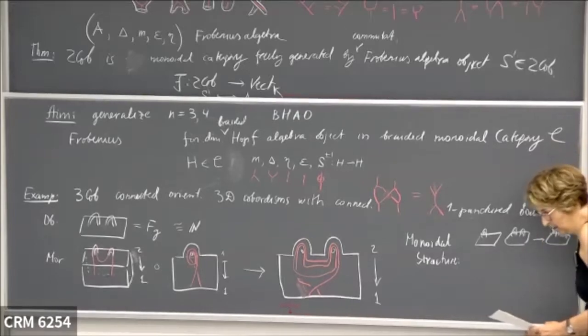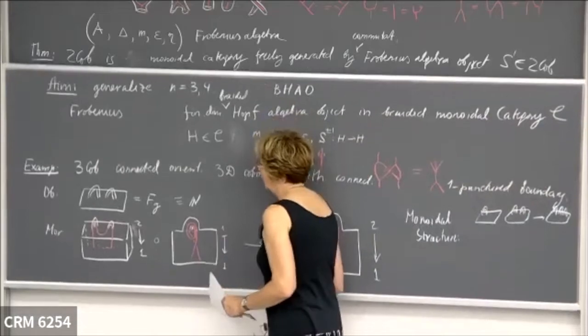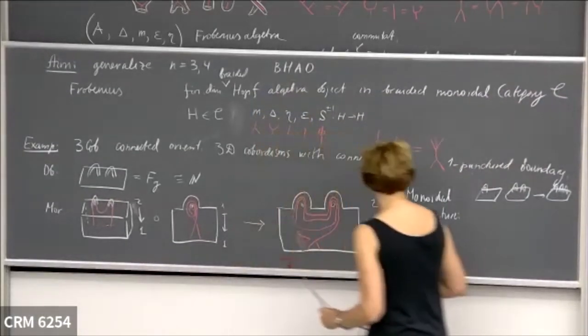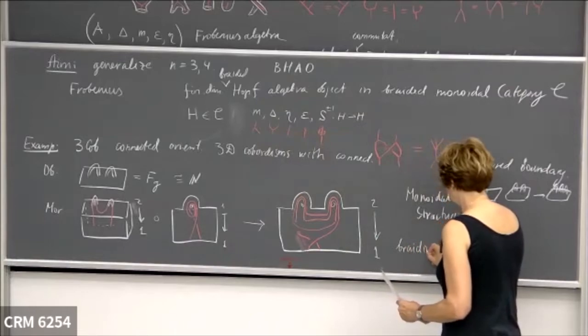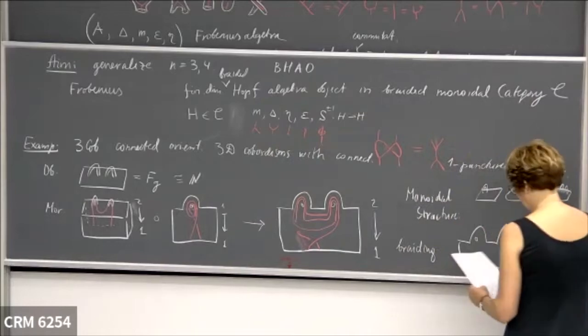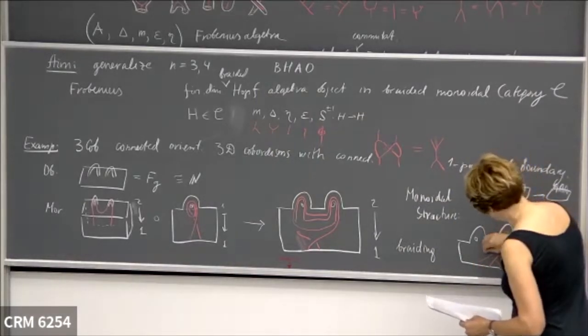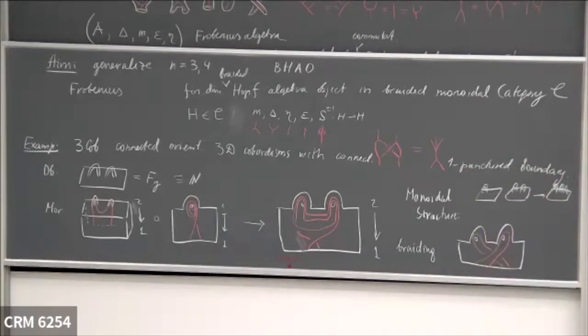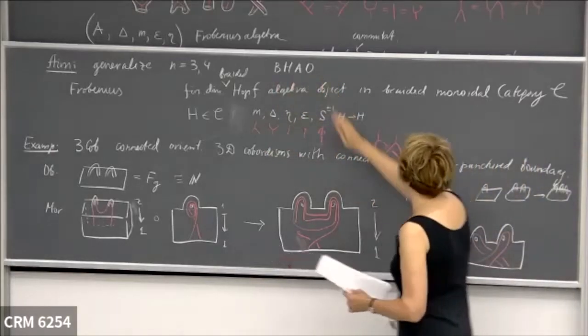And now I would like to also consider this as a braided monoidal category, and the braiding will be given by the pulling guy, where you just braid the handles. So now we have a braided monoidal category, and now I promise you that I will give you an example here of this braided algebra object.